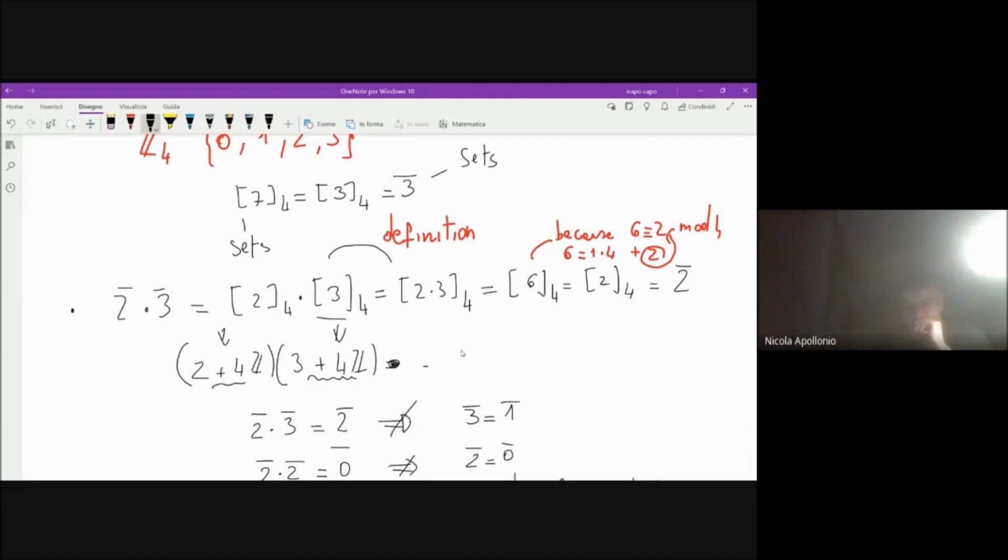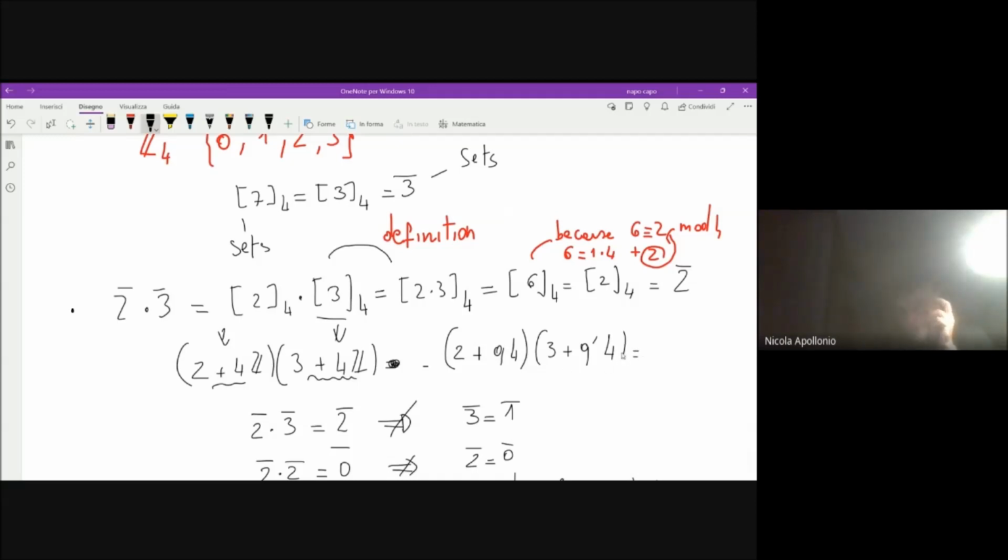So an element of the first set has the form 2 plus a multiple of 4. And in the second set it is 3 plus a different, not necessarily the same, multiple of 4.